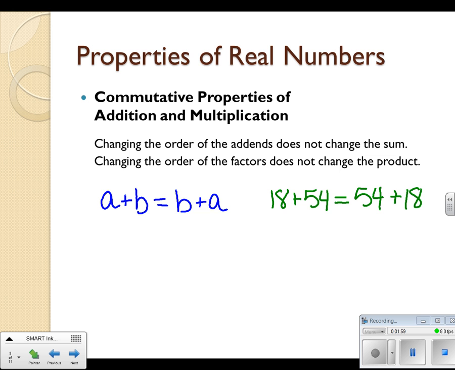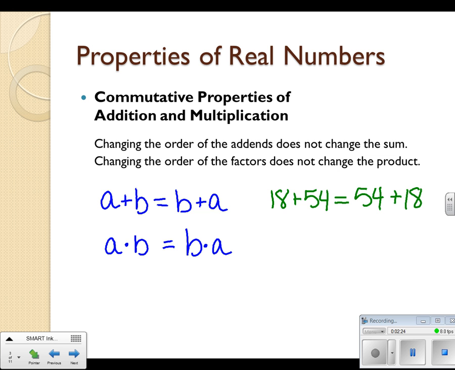So we're looking at two equivalent expressions here, 18 plus 54 and 54 plus 18, and also two equivalent algebraic expressions, A plus B and B plus A. And the same is true for multiplication. If I took the factors A and B, the product would be the same if I did B times A. That order does not matter.